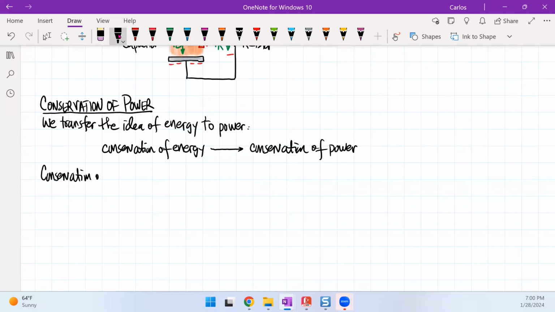Conservation of energy sets certain conditions on a possible circuit.